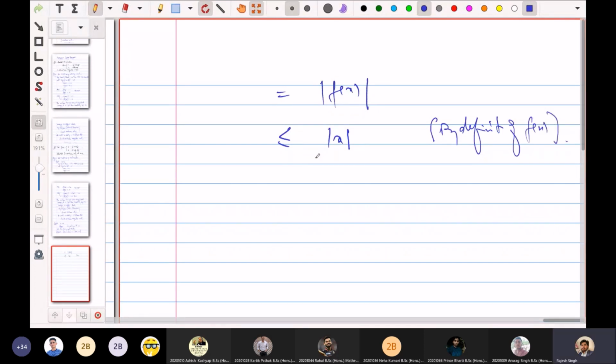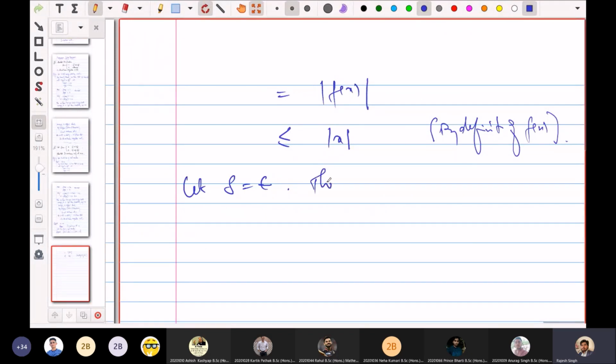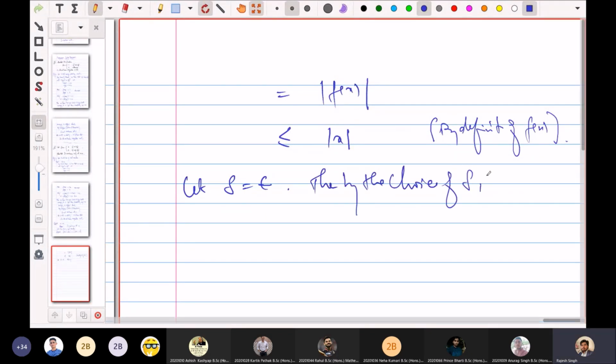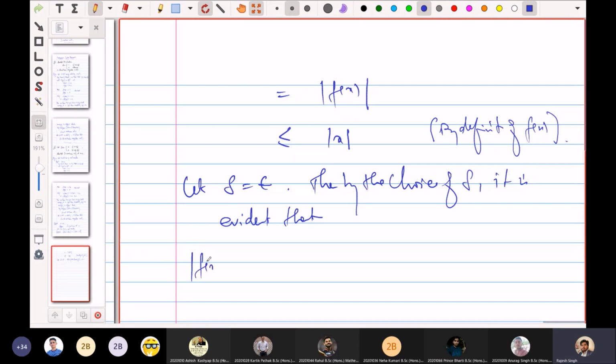So let delta equal to epsilon. Then by the choice of delta it is evident that |f(x) - f(0)| is less than epsilon whenever |x - 0| is less than delta.